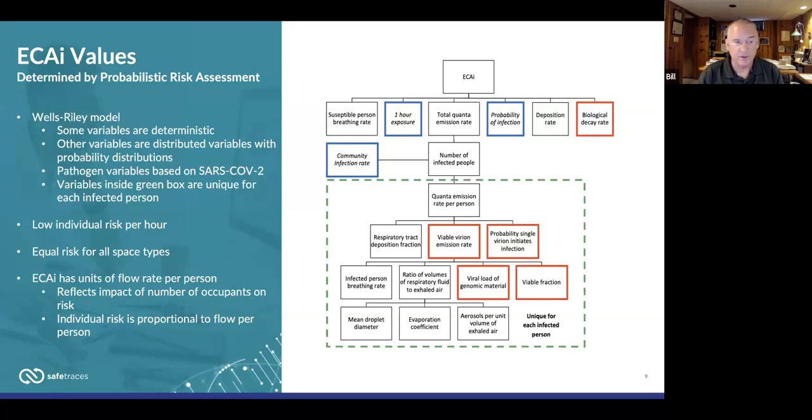Well, for one thing, it's useful because it reflects the impact of the number of occupants in a space on risk. And also you can show, but we won't show here because of time, that individual risk in the Wells-Riley model, according to the assumptions that we used, is proportional to the flow rate per person. So not air changes per hour, not any other metric you may have seen.